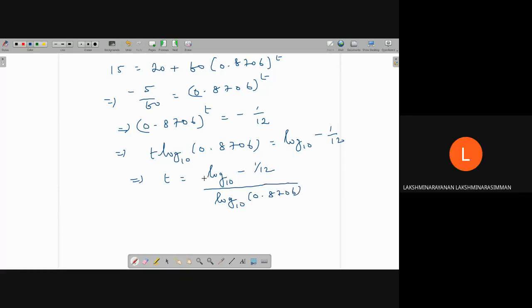Sir, denominator 0.0601, sir. Denominator is 0.0618. I got it. I'll check it again.